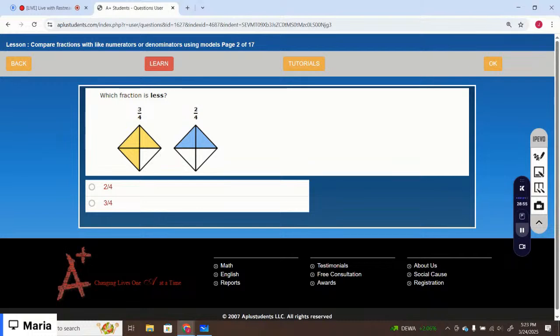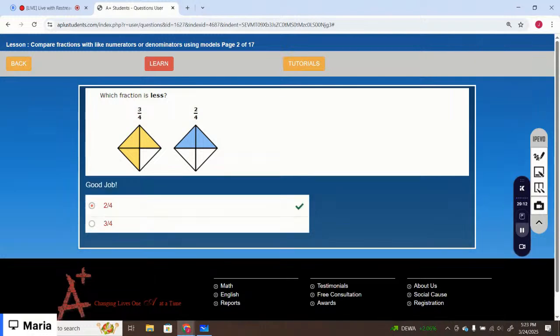Which fraction is less, 3/4 or 2/4? That is 2 by 4. Option number 1 is the correct option.